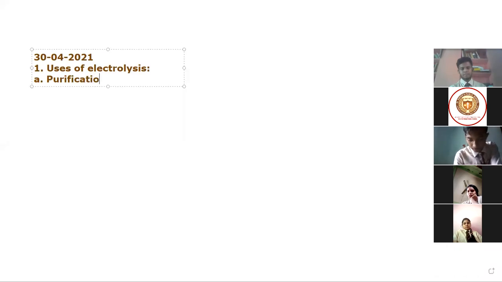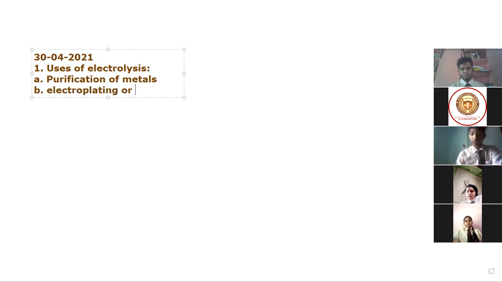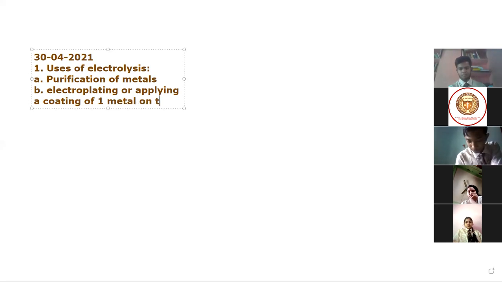Number two, electroplating, or applying a coating of one metal on the other. So these are primarily two major uses of electrolysis.